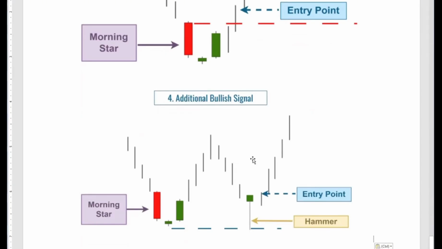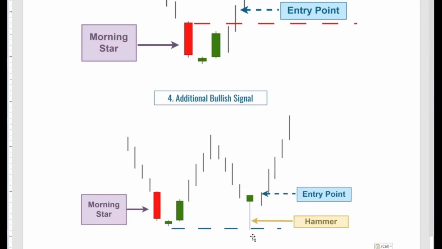We have a cameo, in this case a hammer, to set up the entry zone. When you see a morning star appear and the price retraces to retest the previous key support level, and luckily a hammer appears at the key support level, the closing price of the candle after that is your entry point.